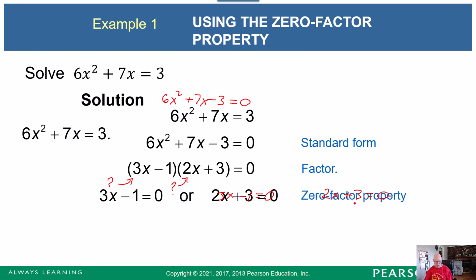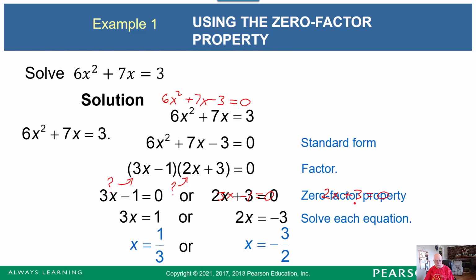A little bit messy there. So there are two x's, our two solutions, our two roots, our two zeros. Those three terms are all representing solutions for our quadratic equation.